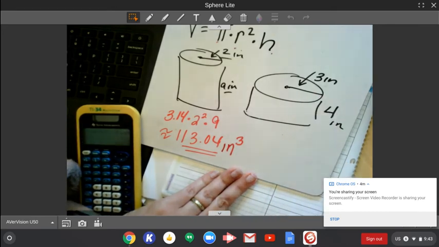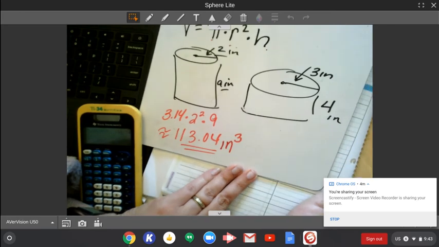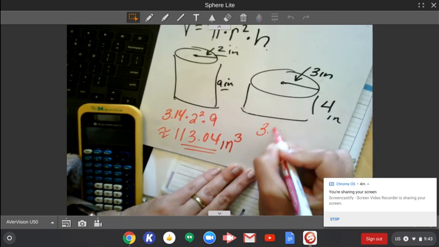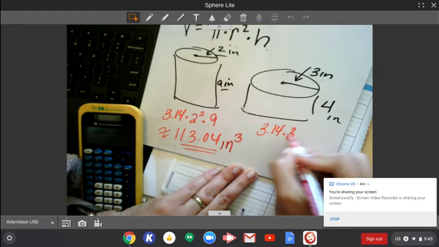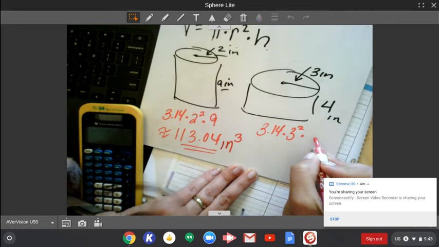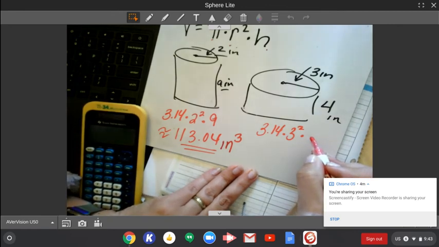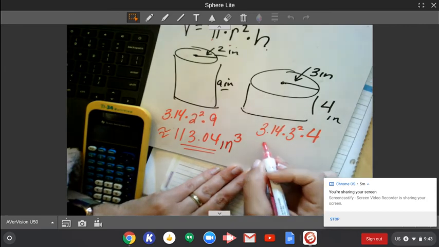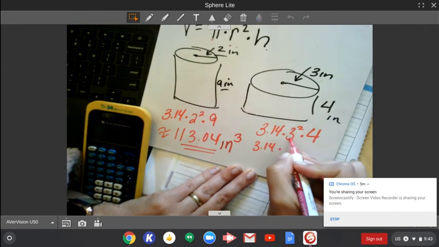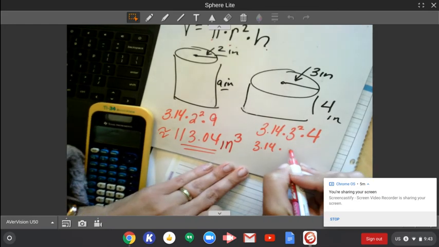Now we got the next one. Real easy. If you want to try it, pause the video, try it, and then come back and check. Otherwise, I'm going to do 3.14 times 3 squared times, did I say the height was on this one? 4? Yeah, I think so. 4. And you're just going to do 3.14 times 3 times 3 is 9 times 4 is 36.